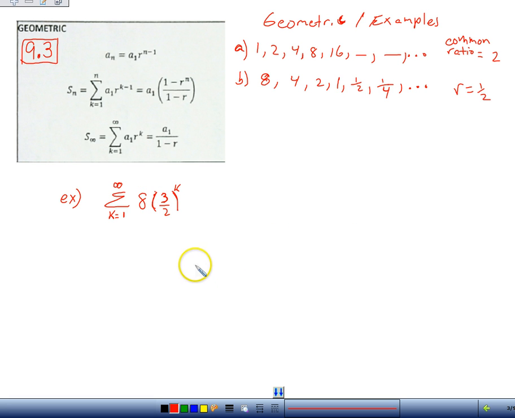In this next example, I'm also doing another infinite sum, and if we start looking at the things that I need for the calculation, a1 and r, I can see that r is going to be equal to 3/2, which happens to be more than 1, and in this case I'm not going to try to do it because it's impossible.